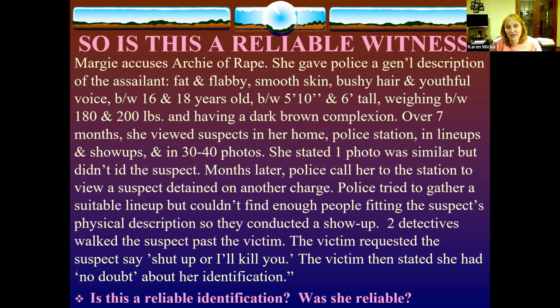So we have to ask ourselves, is this a reliable identification? Was she reliable? So what about this scenario would you say, yeah, I actually think she's pretty reliable? Well, maybe because her description is very, very detailed. Another thing could be that she did not falsely identify a lot of other people, right?